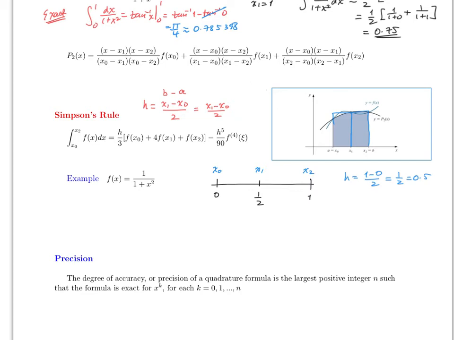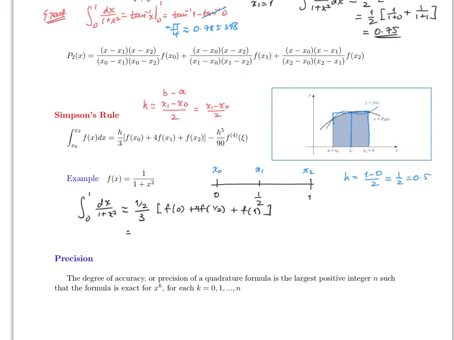Right, so therefore the integral from 0 to 1, if we use Simpson's rule, is going to be approximately equal to 1/2, which is h divided by 3. So we're just following the formula. And then this will be f of 0 plus f of 1/2 times 4 plus f of 1.